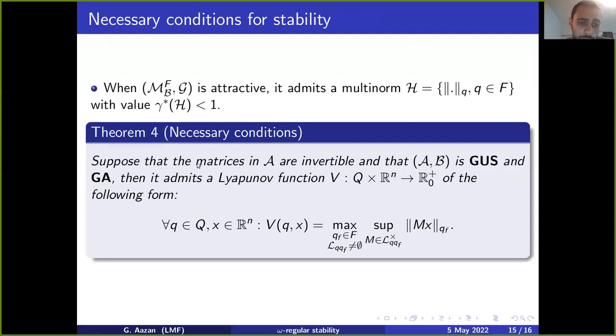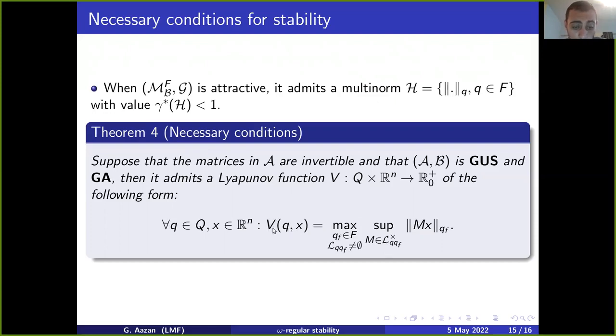In the case when the matrices in A are invertible, and if the system AB is globally uniformly stable and globally attractive, then the formed constraint system will also be attractive, and therefore there exists a multinorm of the following form. Now, we use this multinorm to construct our Lyapunov function.